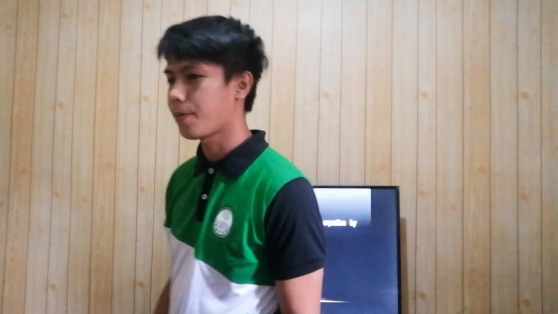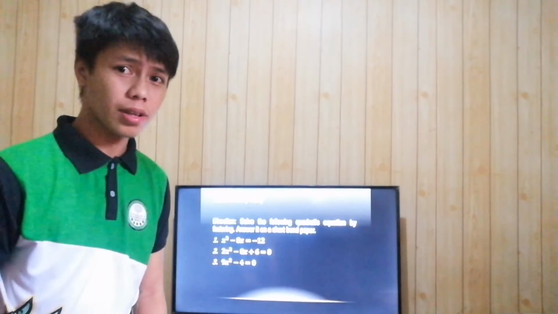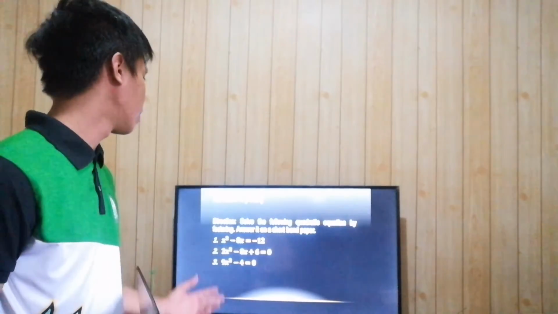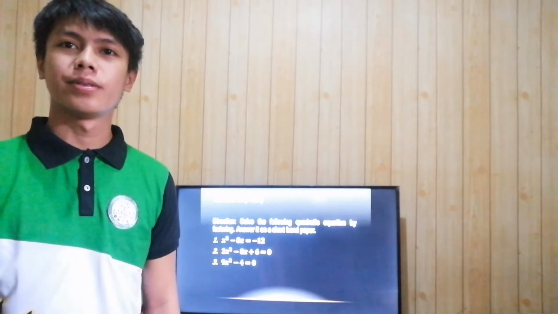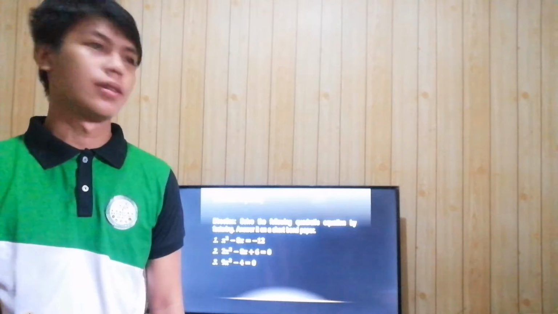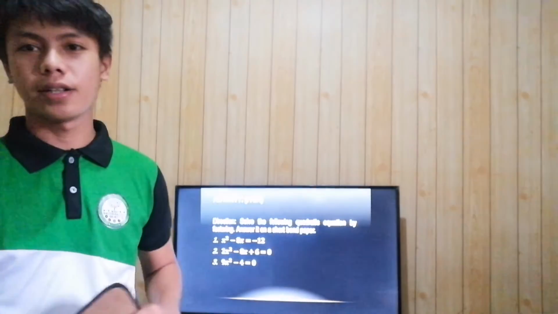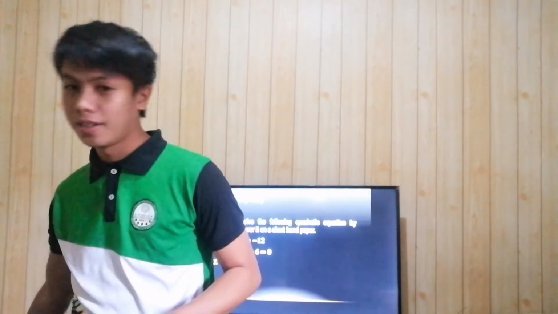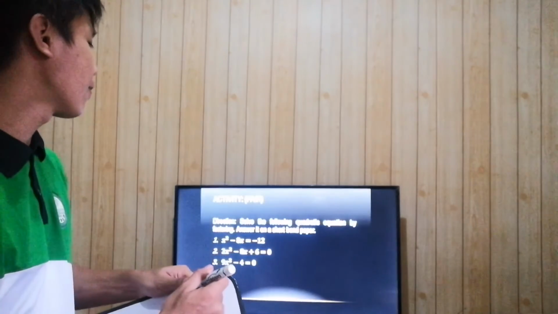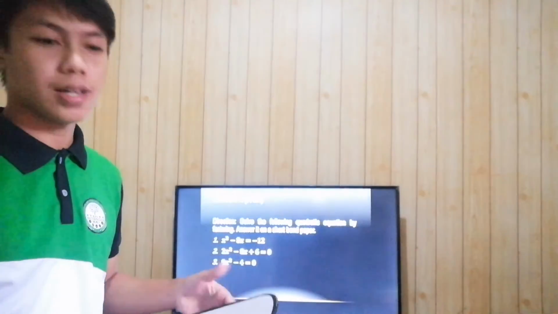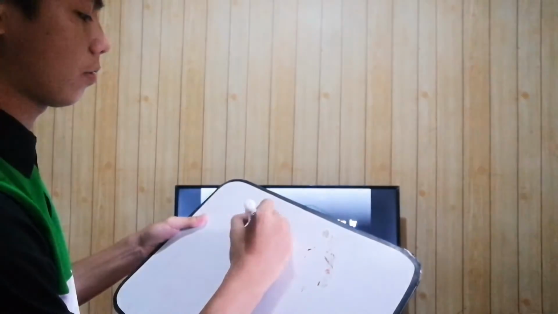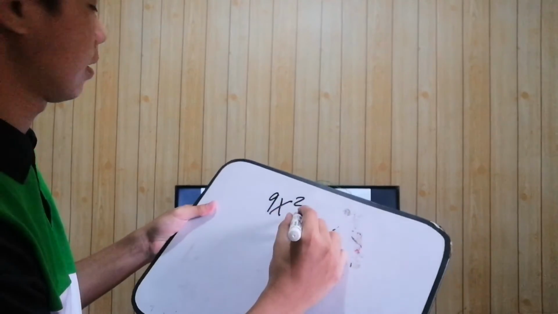Okay, done? Okay, so, what have you observed with our given? Diba, the number 3 given is a perfect square binomial. So, sulat natin.